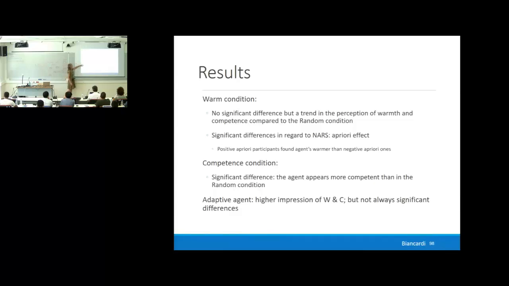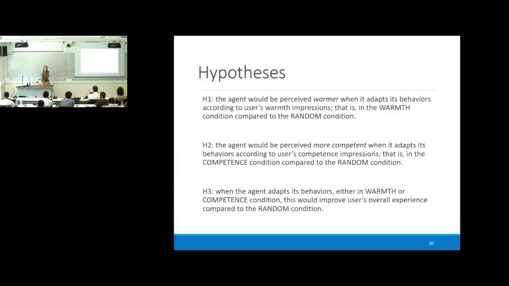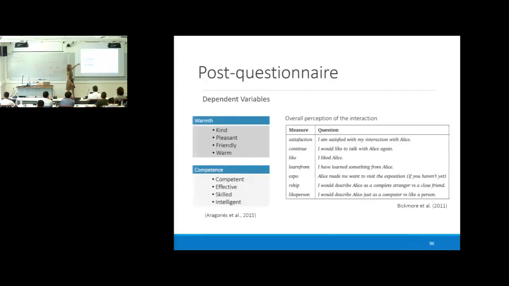What we found in the warm condition and the competent condition is that there was no significant difference, but a trend in the perception of warmth and competence. I forgot to mention that when conducting the study, for example in the warm condition, people had to fill in information about both dimensions.